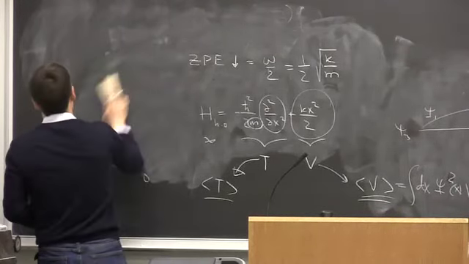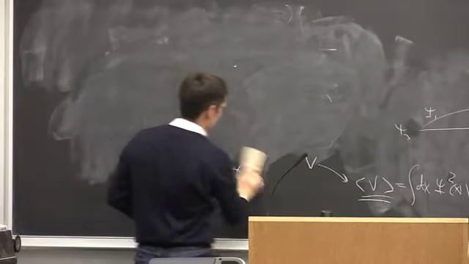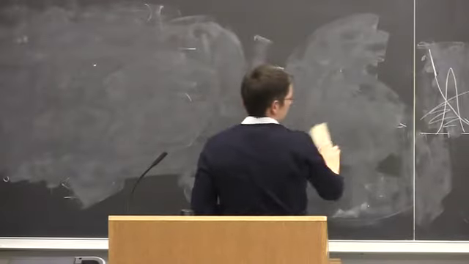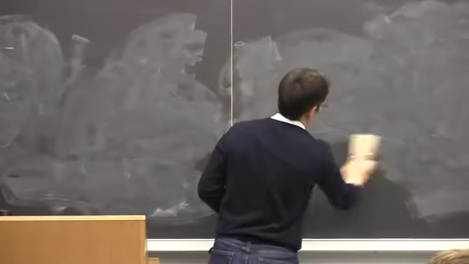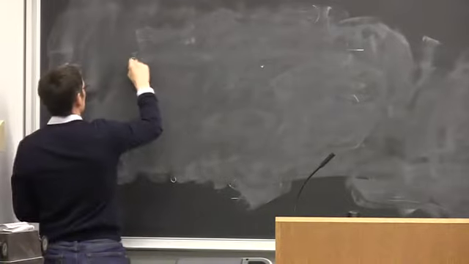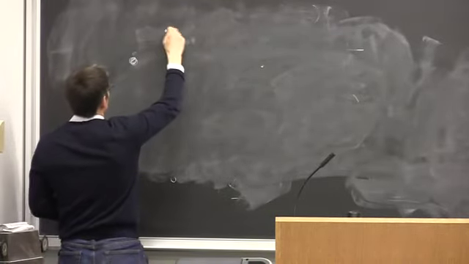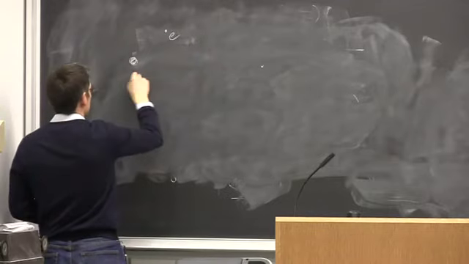All right, so now hydrogen atom. With hydrogen atom, we have 3 dimensions. We have 1 proton in the center, and then we have electron, right?